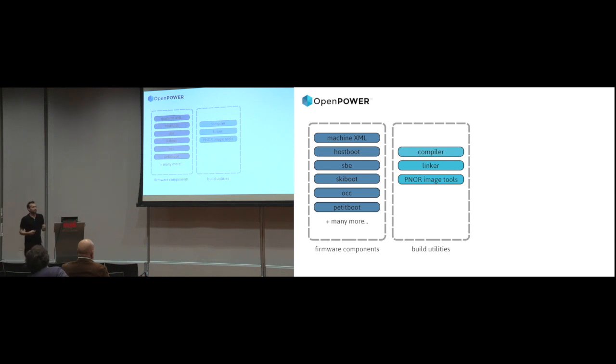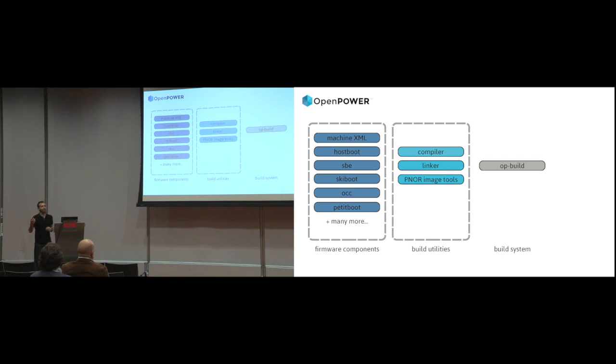But because we have a bunch of stuff, it'd be really mean to ask everyone to pull those things together manually themselves and build your own firmware. So we have an overall repository called op-build, and that's our build system. It's based on the Buildroot utility, if you may have heard of it. And this is the top level repo that you would clone to construct a new firmware image.